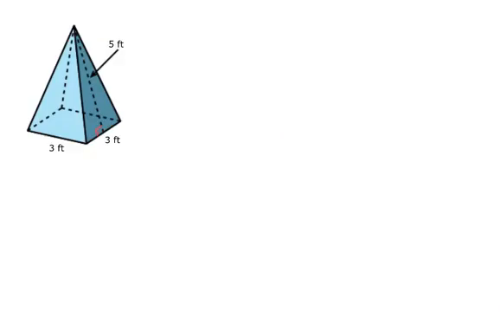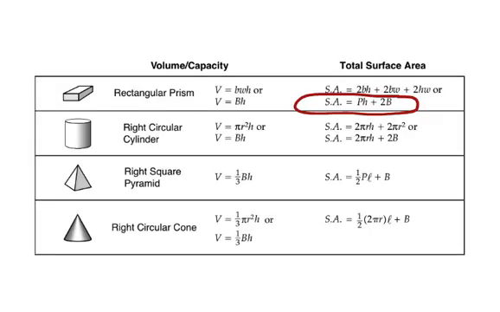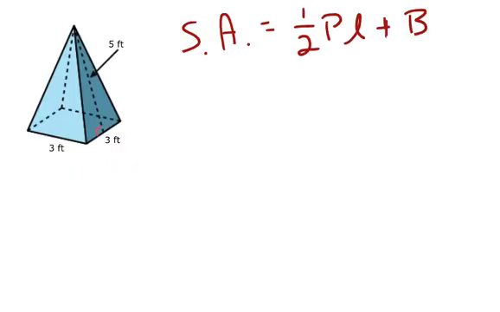Okay, we have a pyramid here, so we can use the formula for finding the surface area of a pyramid, and that is SA equals 1/2 perimeter of the base times the slant height plus the area of the base. So let's rewrite that over on the other page. I want to tell you again that 1/2 times anything is the same as dividing by 2.